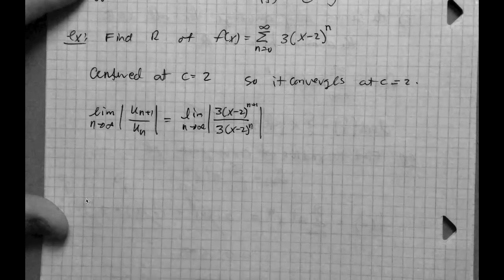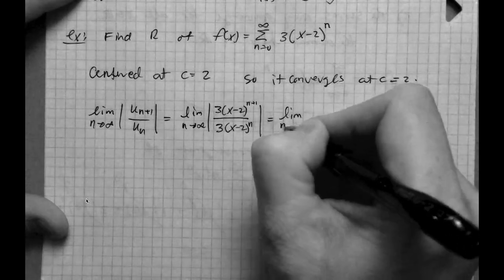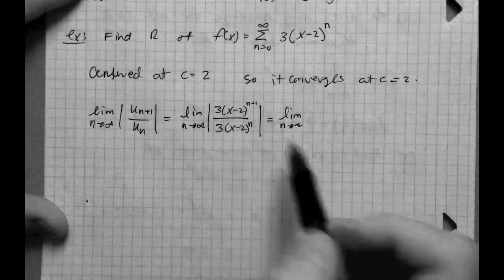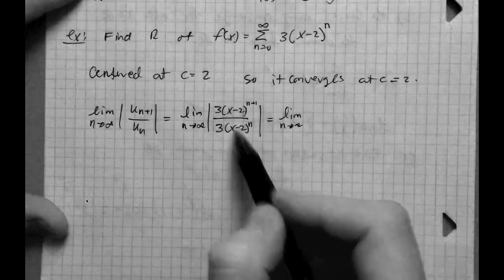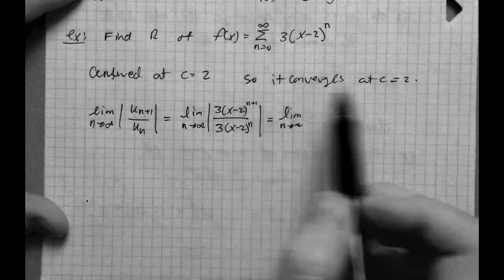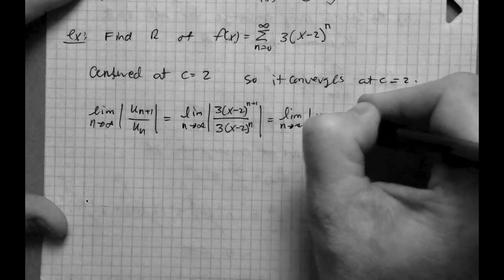Okay, and so we can see some cancellation here. The 3's will cancel, and pretty much all of the x minus 2's. This is raised to the n plus 1 power, this is raised to the n power, so all but 1 will cancel. And so we're left with the absolute value of x minus 2.